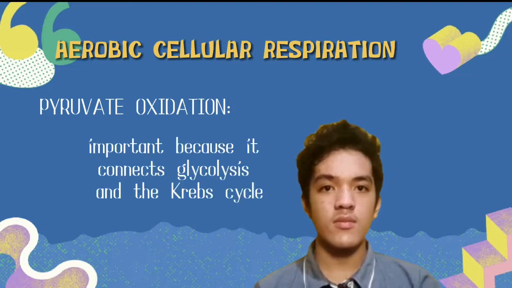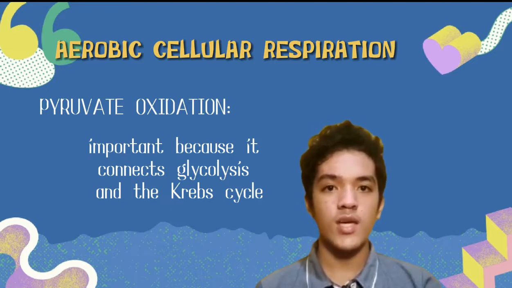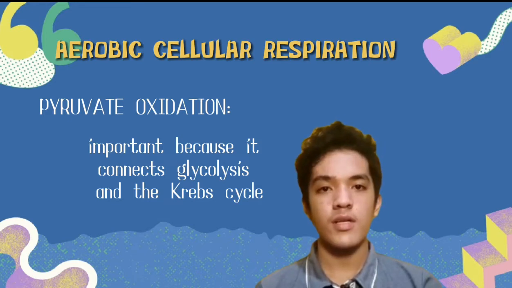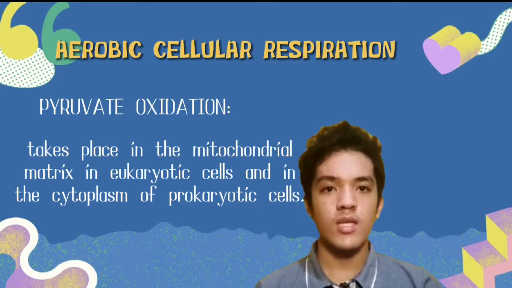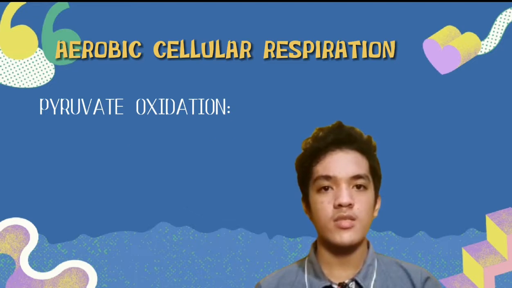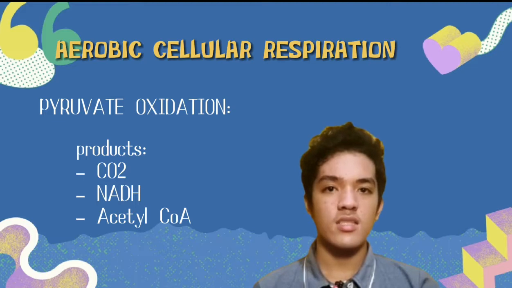This is important as it is the step that connects glycolysis, which is our first step, and the Krebs cycle, which will occur after the pyruvic oxidation process. This process takes place in the mitochondrial matrix in eukaryotic cells and in the cytoplasm in prokaryotic cells, and it will produce CO2, NADH and acetyl CoA.